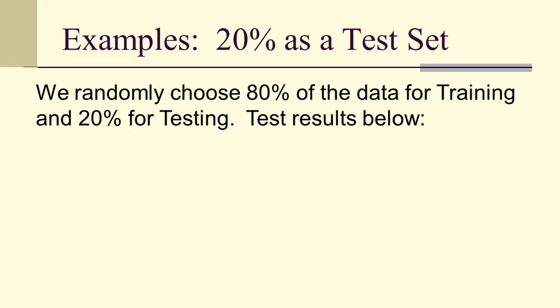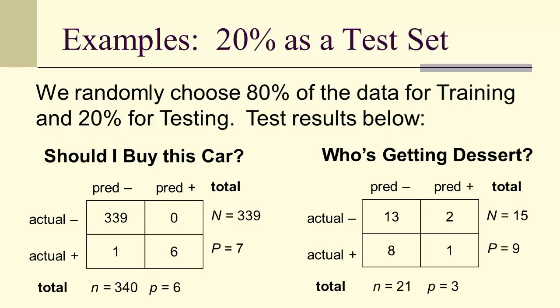Now, for example, let's suppose we chose 20% as a test set. So 80% of the data is going to be used for training and 20% for testing. So here we have our confusion matrix for the car and for the dessert. And notice that for the should I buy this car, it looks pretty good.